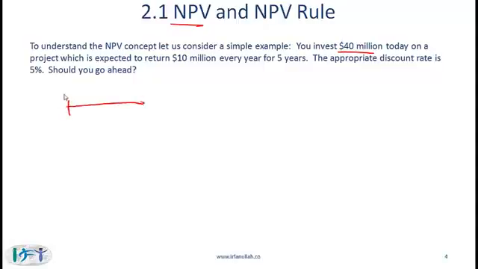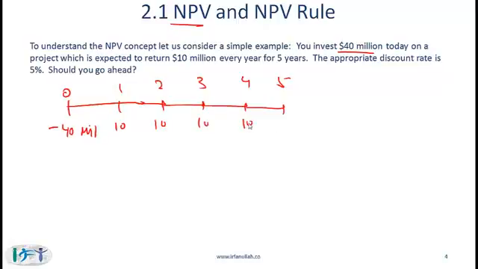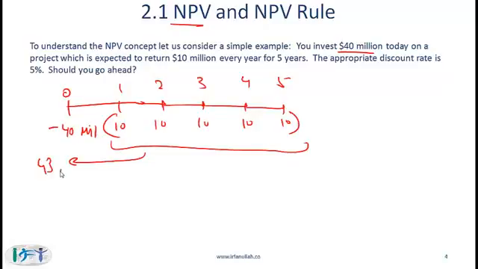So at time zero, there is an investment of 40 million, and then this is essentially an annuity, which we have seen in the previous reading. So I assume you have been through the earlier lectures and you know that an annuity of 10 million every year for 5 years will have a present value at time zero of 43 million.